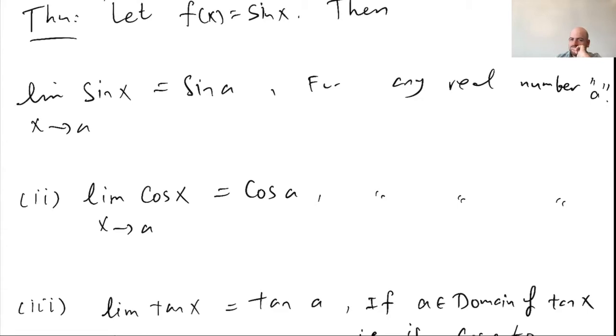As long as they are nice functions, to calculate the limit of a composition we can just replace x with a. I'll state this later using continuity, because if I state it now, it's going to be a little bit complicated. Once we know the concept of continuity, we can state that theorem very neatly.